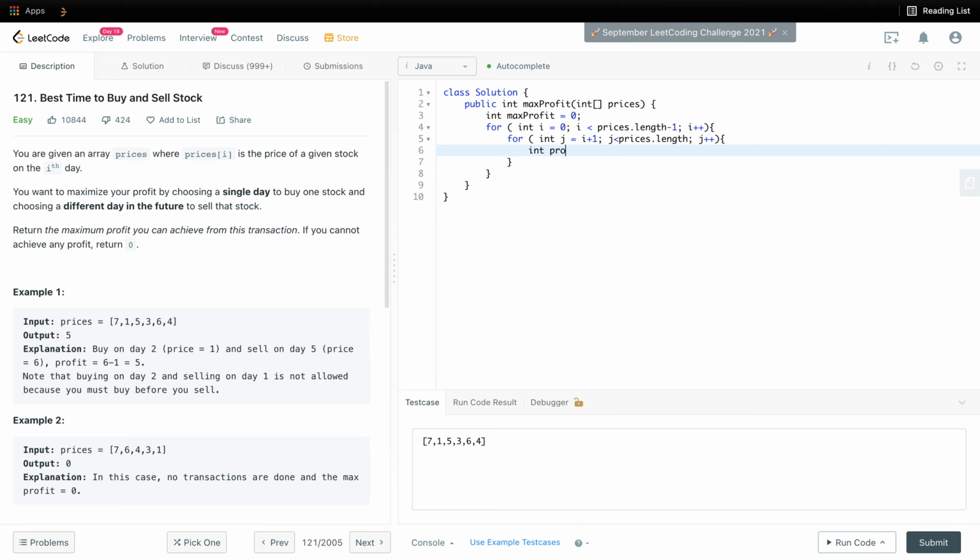Now I'll create another variable called profit, which will be just the difference between prices[j] and prices[i]. Here this order matters because j is the selling point and i is the buying point. We'll also keep track of the maximum profit.